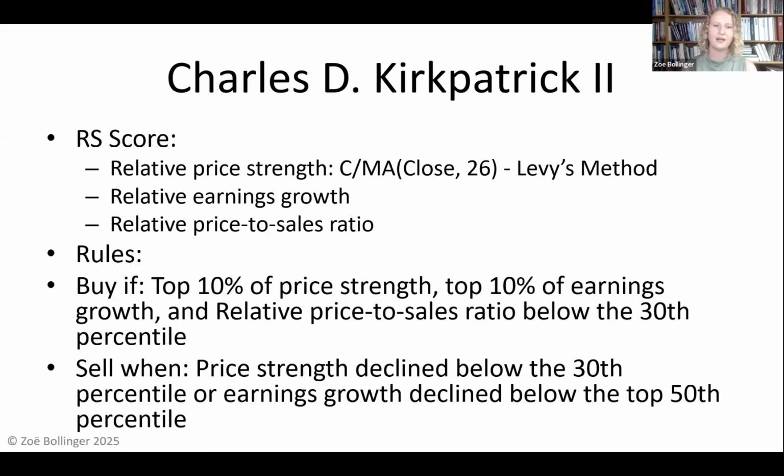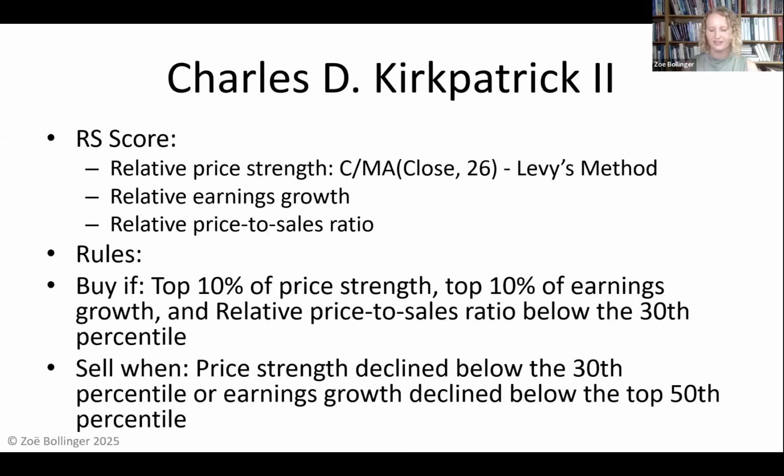And he combined it with two fundamental pieces as well. He looked at relative earnings growth and relative price to sales ratio, and he combined those three pieces into a rule set, where he bought things that were in the top 10% in terms of that relative strength component, the top 10% of earnings growth, and a relatively low price to sales ratio, below the 30th percentile.